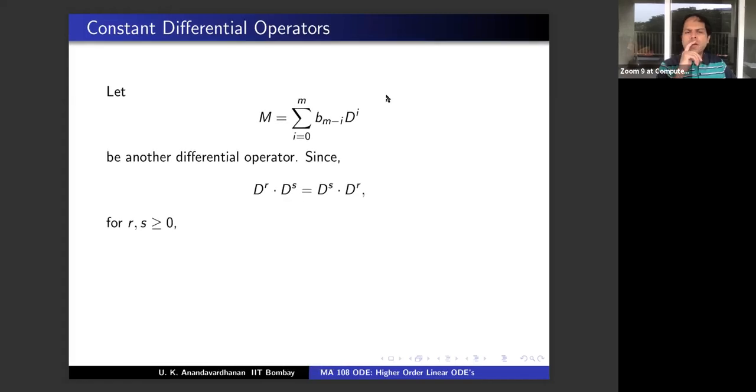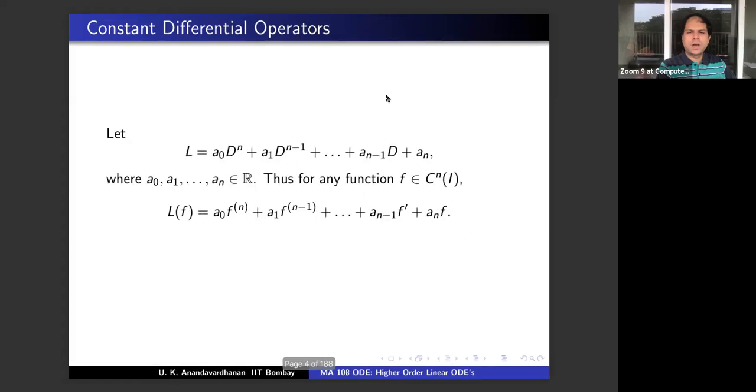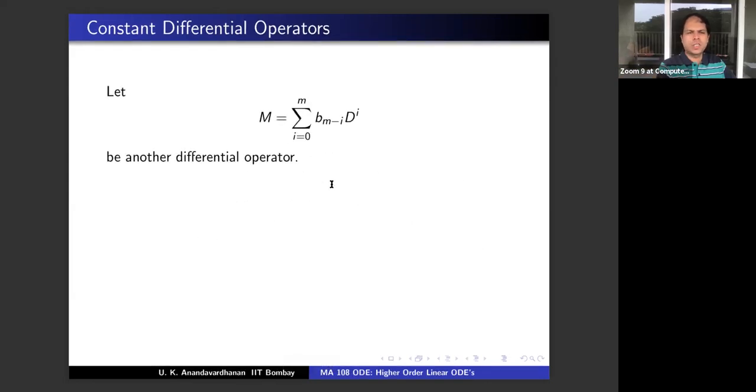And you can easily check that the order in which you differentiate doesn't matter, because of our assumption that the function is in C^n(I). Okay, so the derivatives exist and the derivatives are continuous. So you know Clairaut's theorem or mixed partials, whatever.